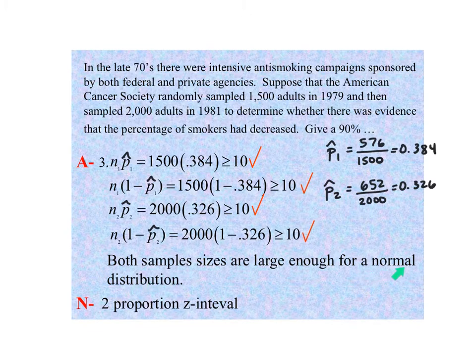For a normal distribution. Okay. And then the naming of the interval. For this case, how many proportions are we working with? I count 1, 2. So we're going to call this a 2 proportion Z interval.